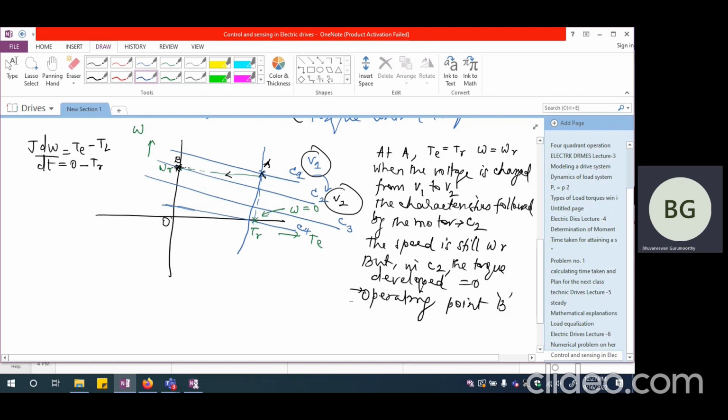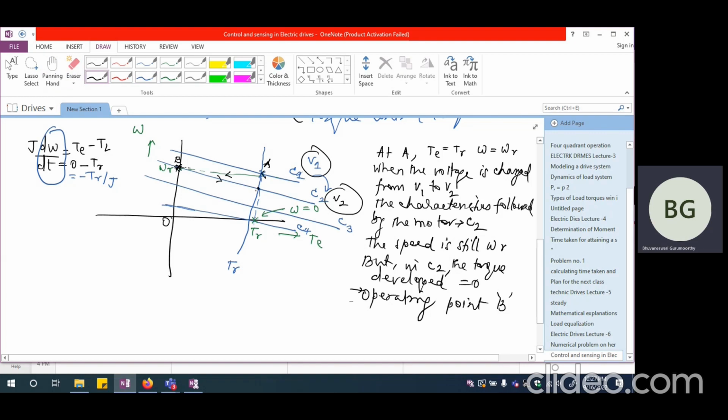This is going to be TR. Now obviously I'm going to have d omega by dt becoming negative, which is equal to minus TR divided by J. That is what is going to be d omega by dt. So the motor is going to decelerate.